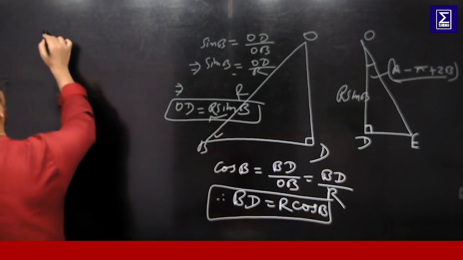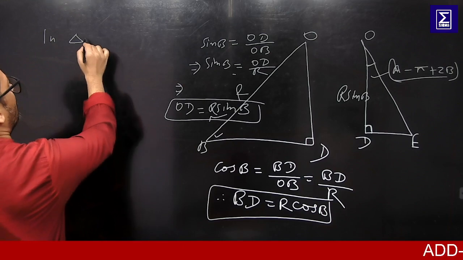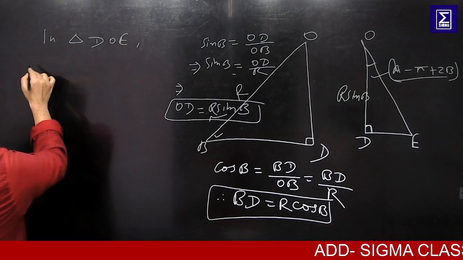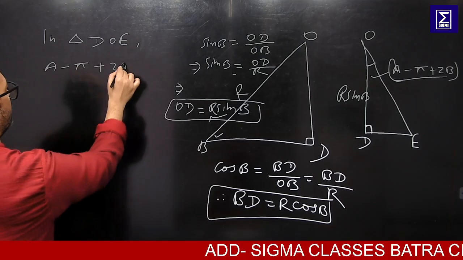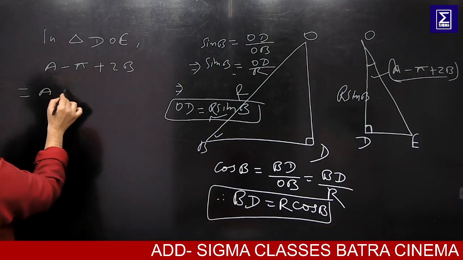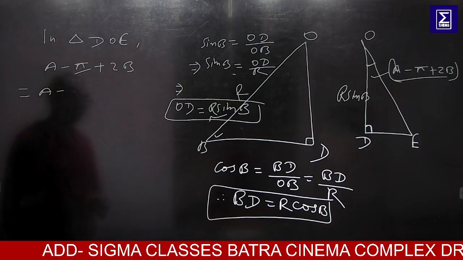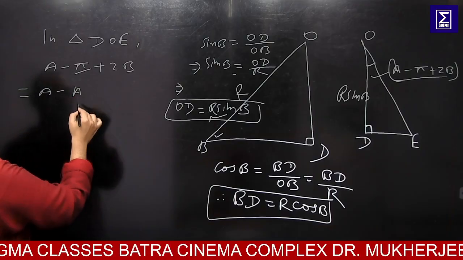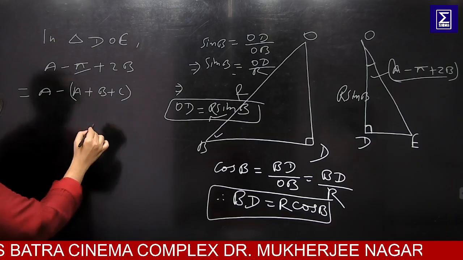So in triangle DOE, what is A minus pi plus 2B? This can be written as A minus, what can you write in place of pi? 180, or you can also write A plus B plus C. Yes or no?